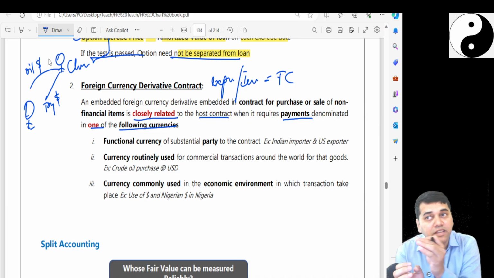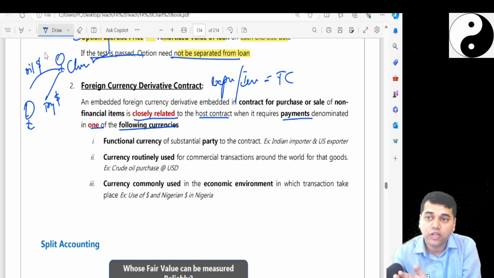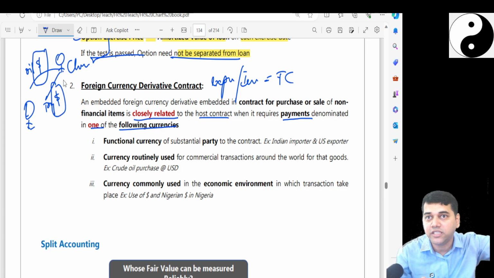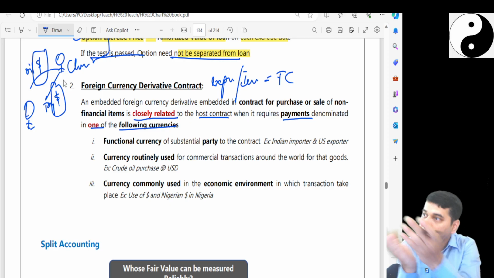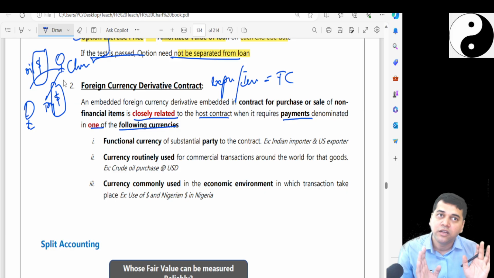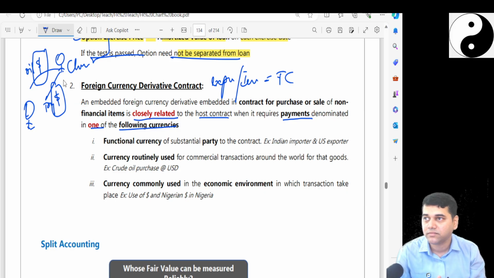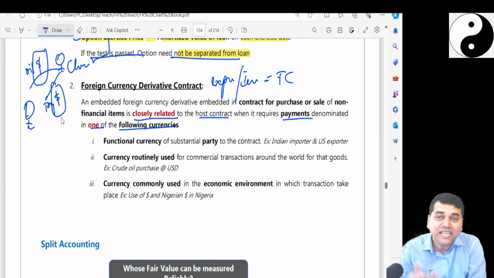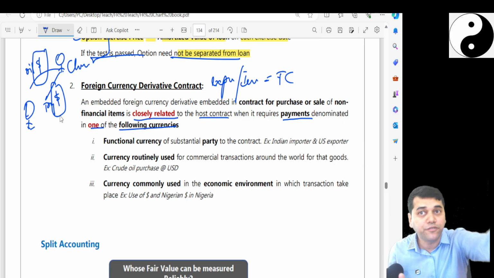Now, is there any foreign currency derivative sitting? Yes, a dollar contract is sitting there. Because if the dollar is going to change, your import value is going to change. Whether you import oil or toys, in both places your contract value is going to change. Now, is it a derivative? Yes, because you are going to settle in the future.